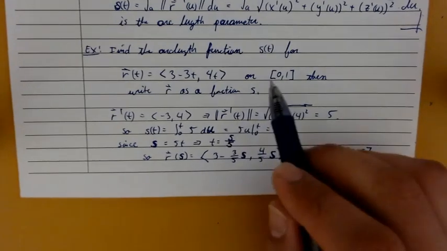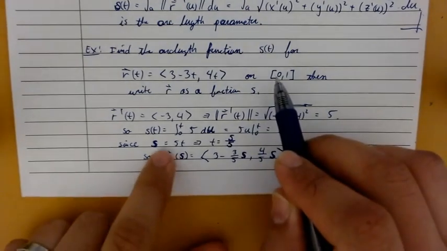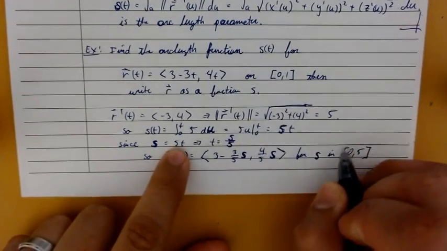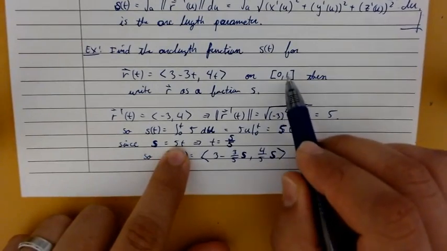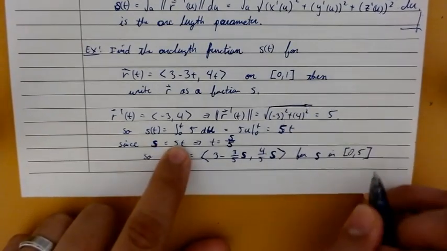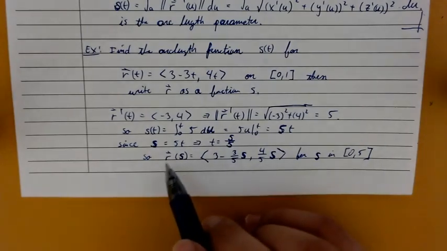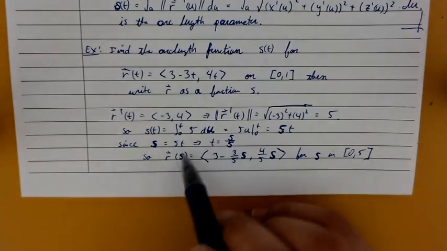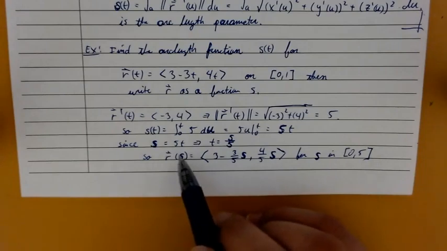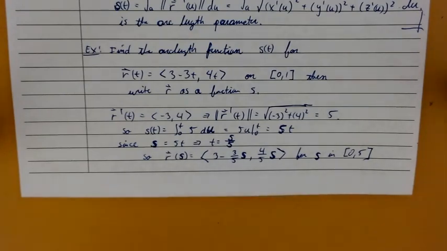Because when t is equal to 0, s is 5 times 0, which is 0. And when t is equal to 1, s is 5 times 1, which is 5. Again, note what you're doing. You've given this curve a parameterization not based on time, but based on arc length.